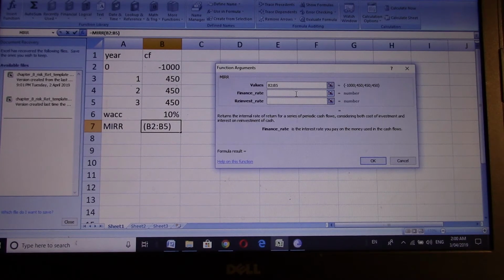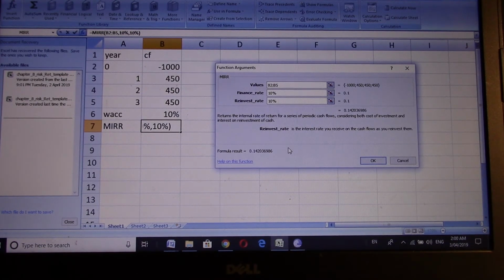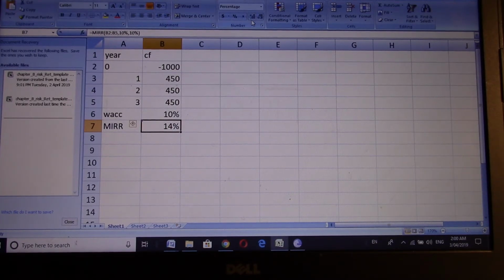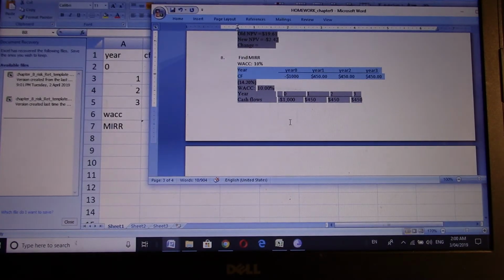In this case, it doesn't make any difference between finance cost and reinvestment cost, so let's just use WACC, 10% for both rates. Click OK. The answer should be 14.2% for MIRR for this question. So this is how you can do this one.